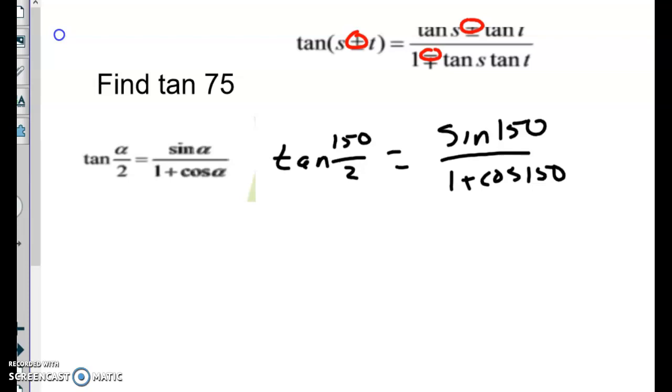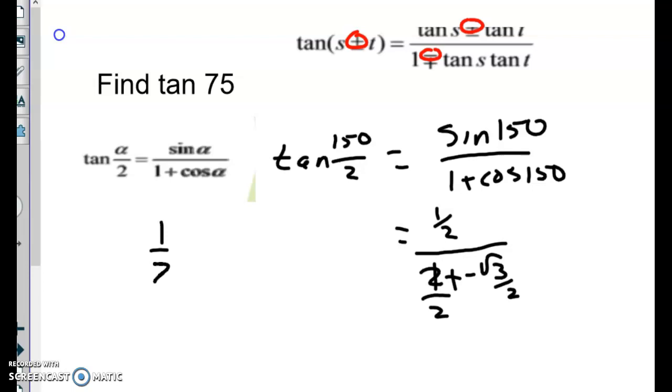And I know that the sine of 150 is equal to a half divided by 1 plus the cosine at 150, which is negative root 3 over 2. And if I simplify that, write it with a common denominator, so I'm going to say 1/2 times 2 over 1 minus root 3.